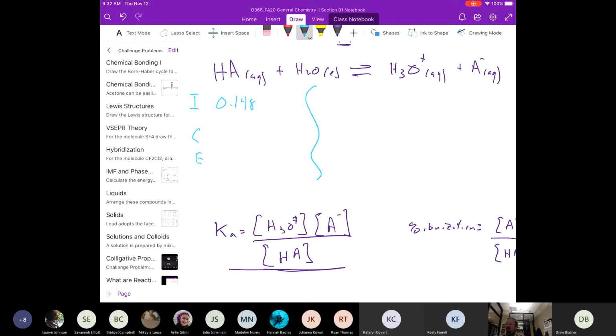What's our initial concentration of these two? Anybody? The moment that this hits the solution, none of it will have become ions, so that one's going to be 0. But the autoionization of water says that initially we're going to have 10 to the minus 7th of this.